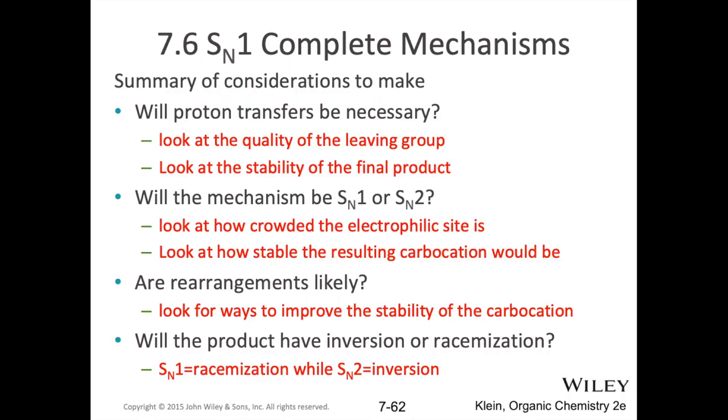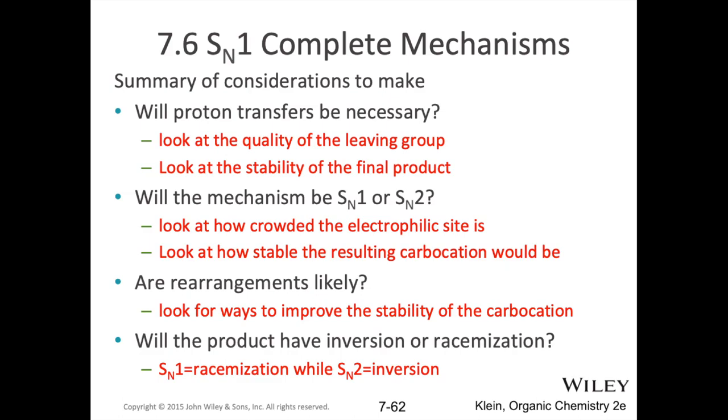Okay. Now, we're going to talk about the difference between SN1 and SN2 and what drives them forward. But one of the things to keep in mind is, is your electrophilic site a primary, secondary, or tertiary site? Remember, tertiary favors SN1 because you have a more stable carbocation. Primary favors SN2 because it's less hindered.